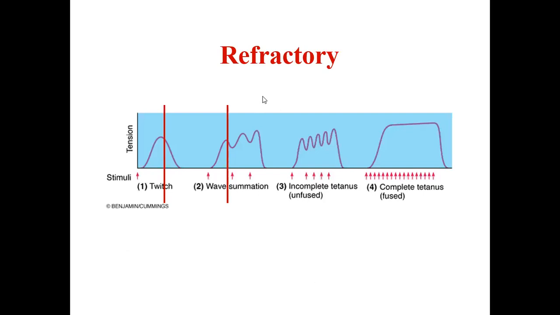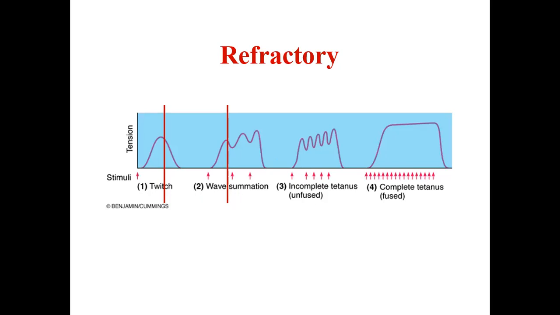Now, remember we talked of a refractory period in the neuron. That refractory period is that period that you need rest, during which time you replenish whatever you had used up. And during this time, it is difficult to stimulate the neuron to the same extent.